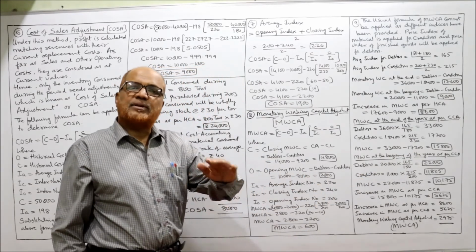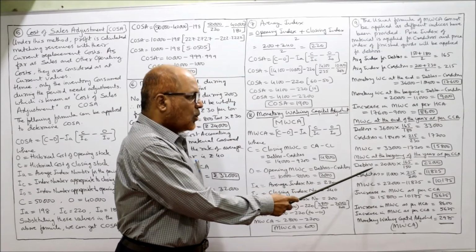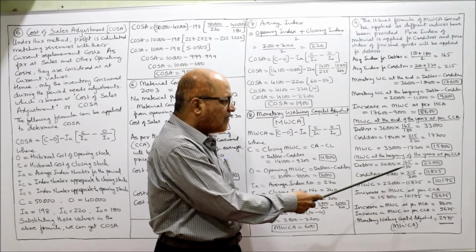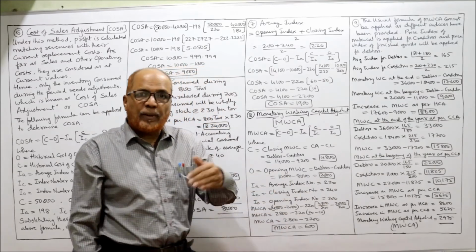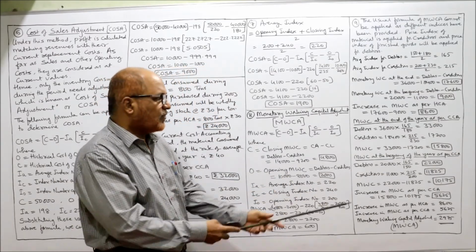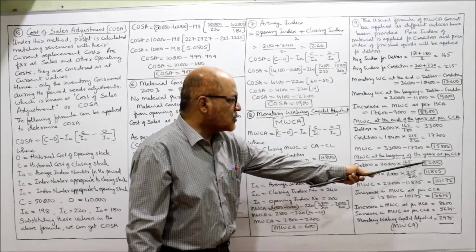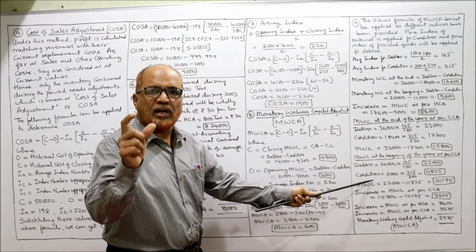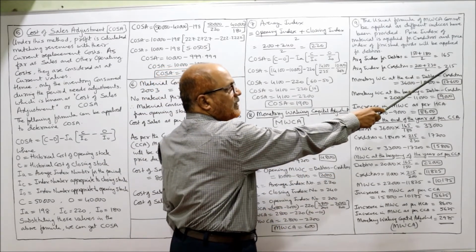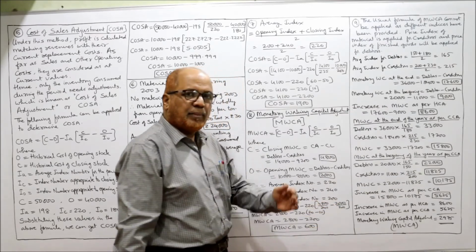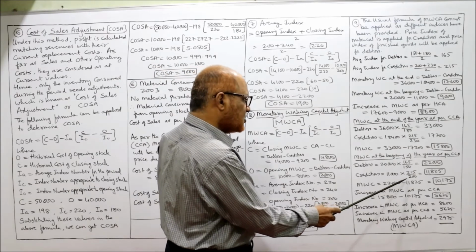Similarly, monetary working capital at the beginning of the year, opening. So opening debtors are 20,000 into average index 165 divided by opening index for finished goods 150, 22,000. Similarly, creditors. The historical value of creditors opening 11,000 into average index for creditors divided by opening index for material purchased, 200.